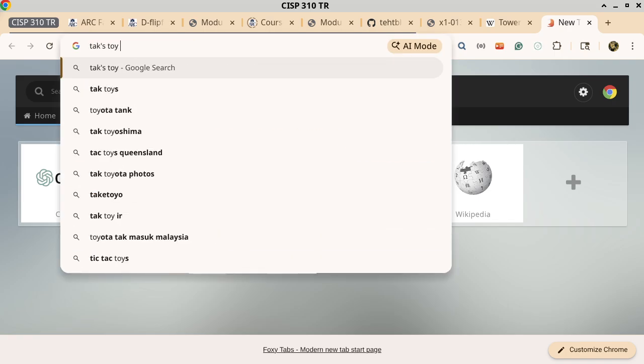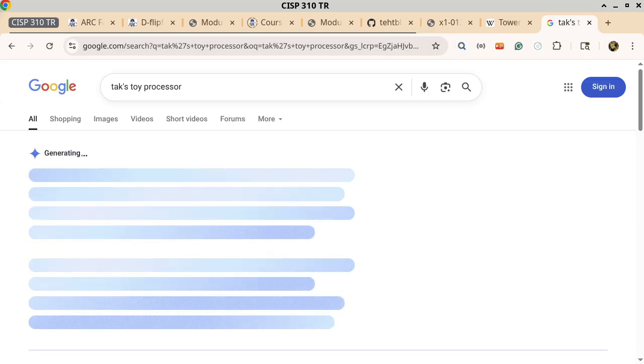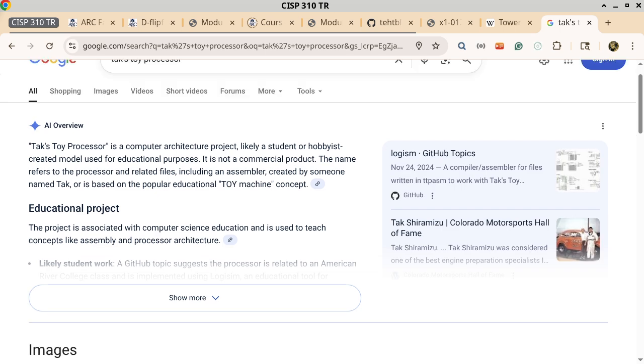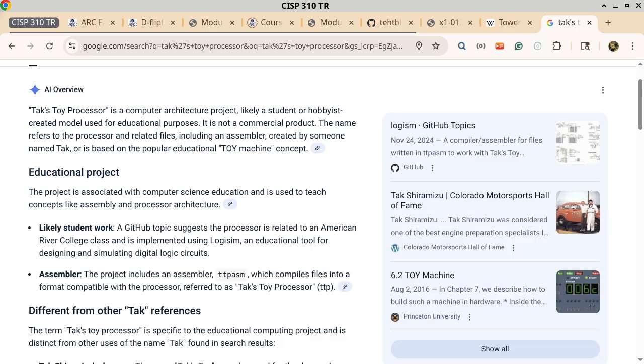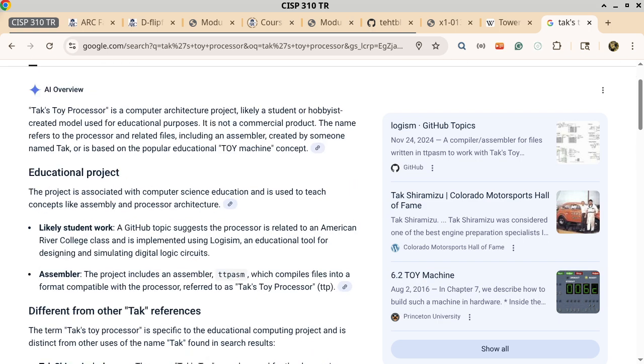Oh, I'm curious. Ooh, it's actually here. I am surprised. Likely student work, GitHub topic, and there's an assembler. Okay, all right. So there's some reference, but it's still definitely obscure.